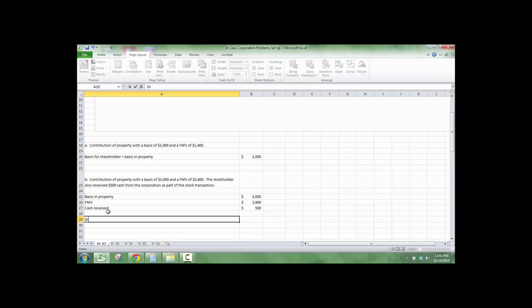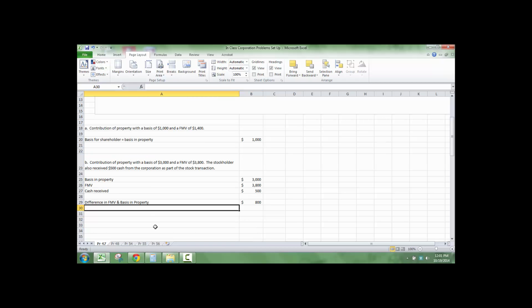So first thing we must do is calculate the difference in fair market value and basis in the property. Property. And so fair market value minus basis in property. So this is the extent of which a gain would be recognized.